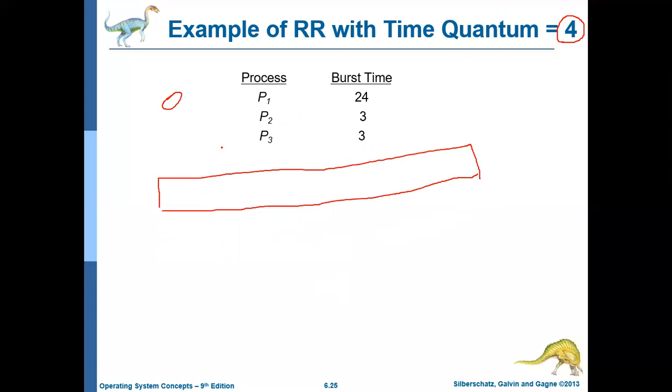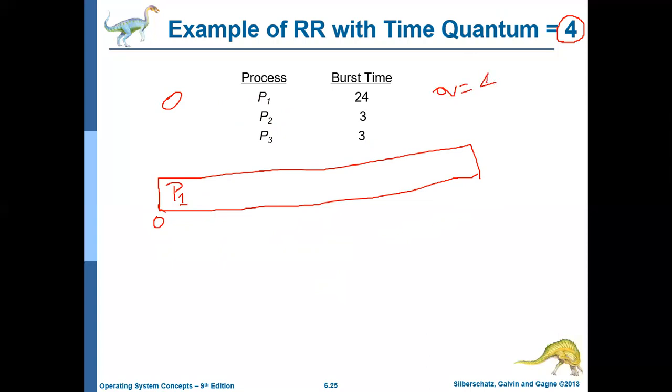First, P1 is in the ready queue. The scheduler or the dispatcher will first pick the job P1 and give it to the processor, and P1 will execute for a quantum of time. Here the value of Q is 4 milliseconds.